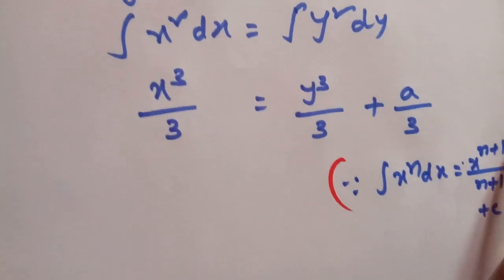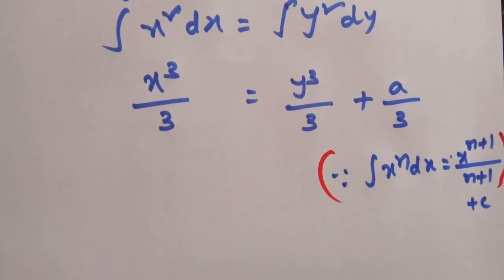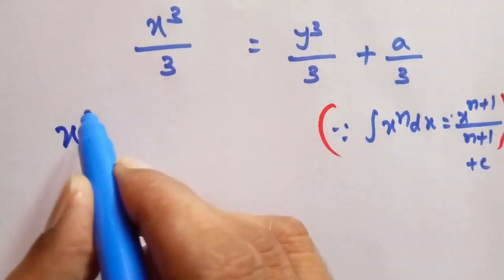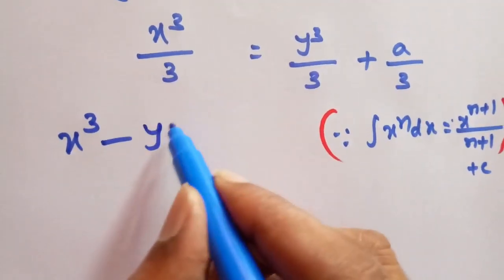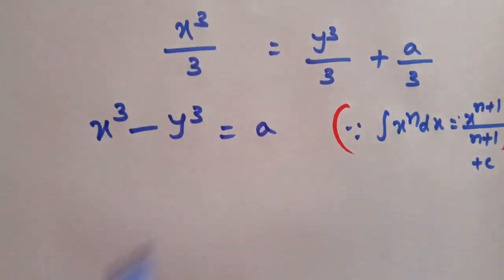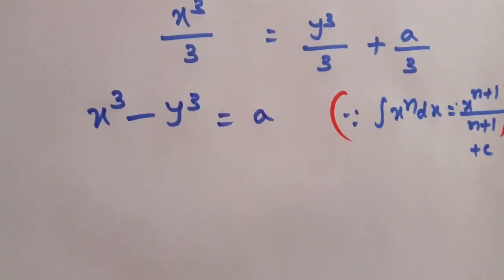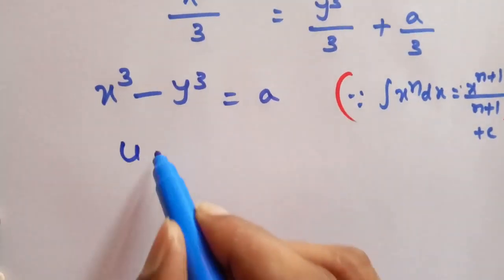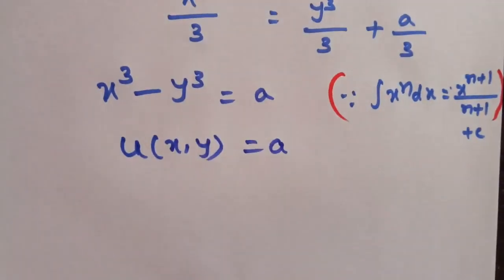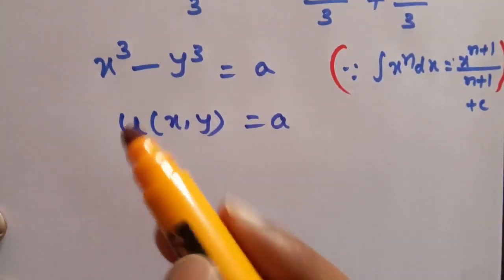We used this integration formula. Therefore, this can be written as x cube minus y cube is equal to a, taking LCM, and 3 gets cancelled on both sides. Therefore, this is u of x comma y is equal to a, where a is an arbitrary constant.